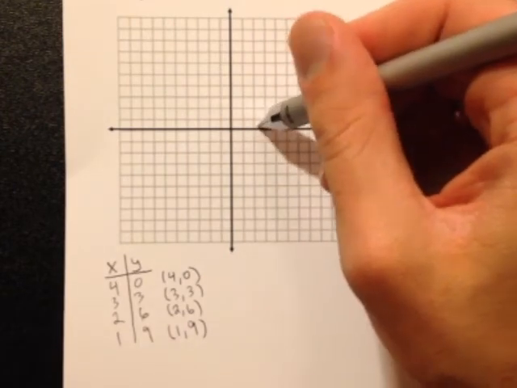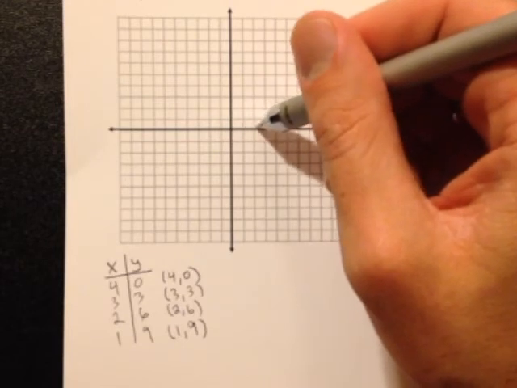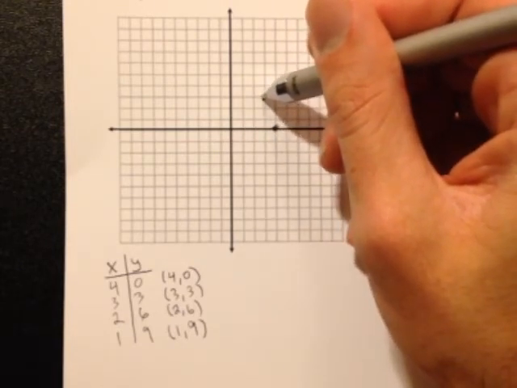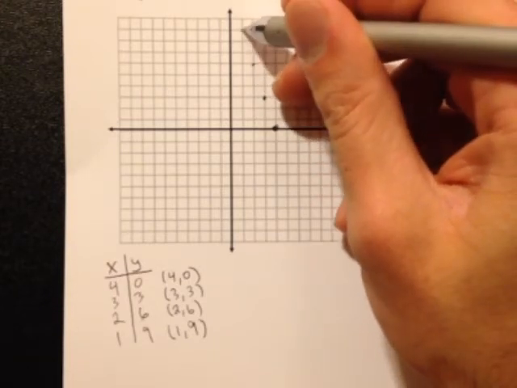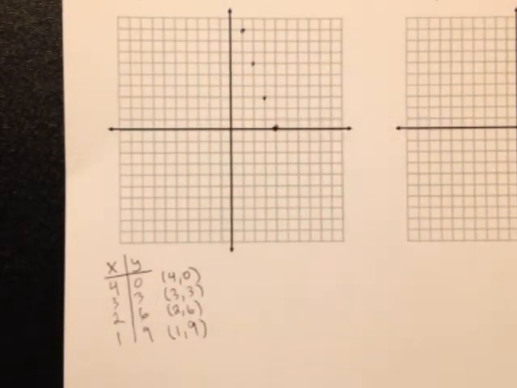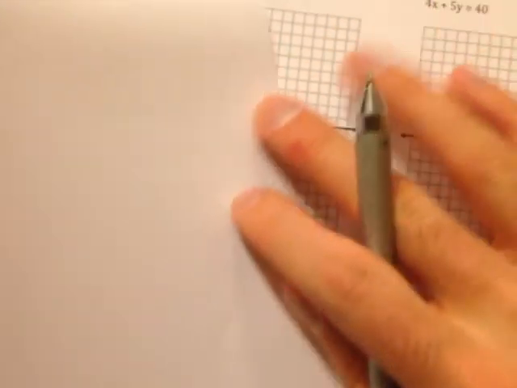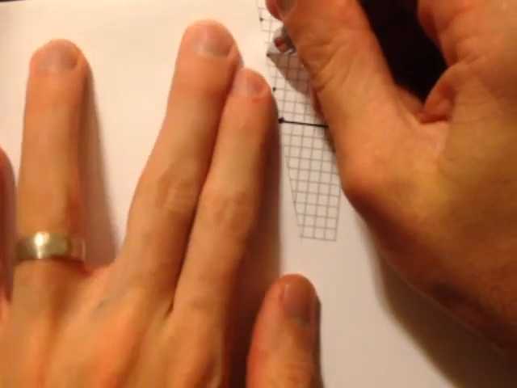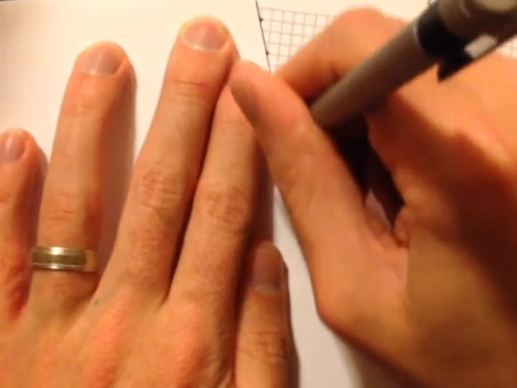So I get the points 4, 0; 3, 3; 2, 6 is right here; and 1, 9 is right here. Now it sure looks like all of those make a straight line. I'm going to connect them with a straight line, if I can get my little straight edge in here. And I just connect them with a straight line.